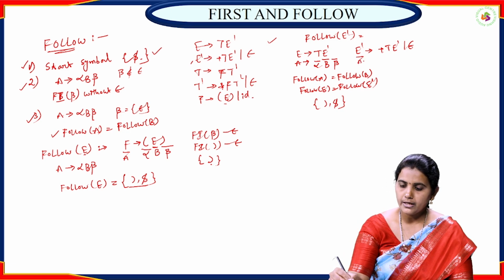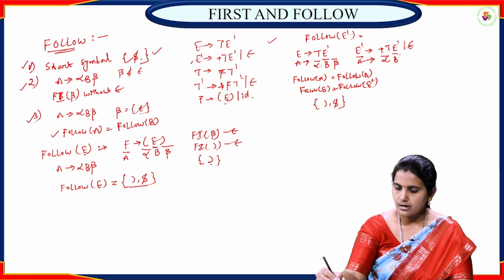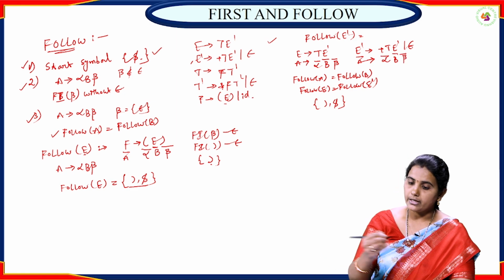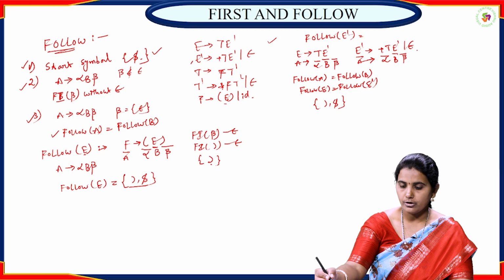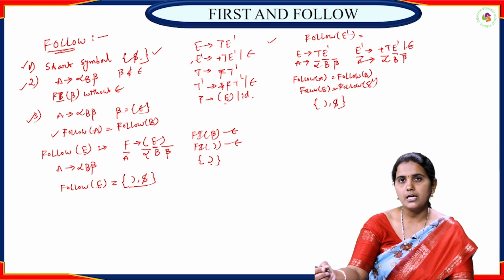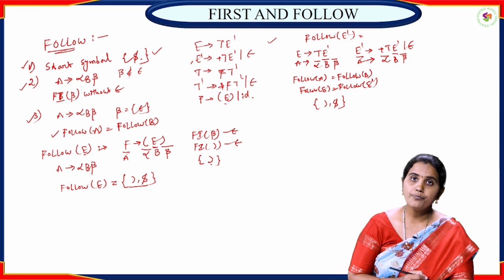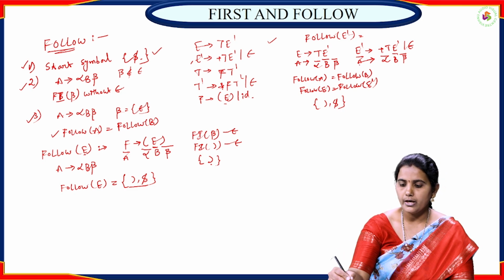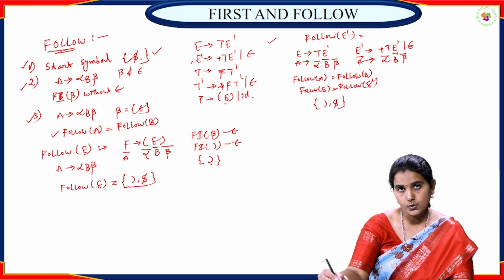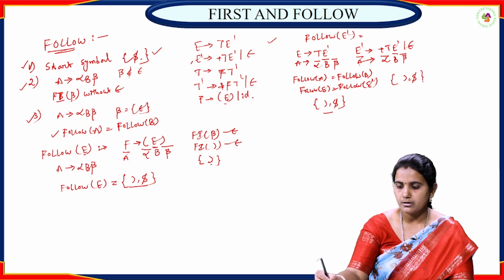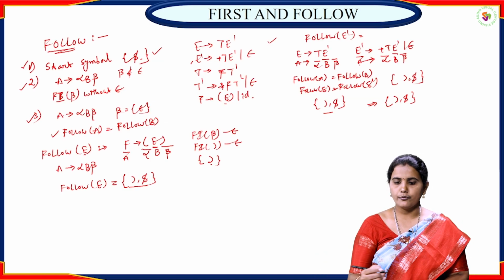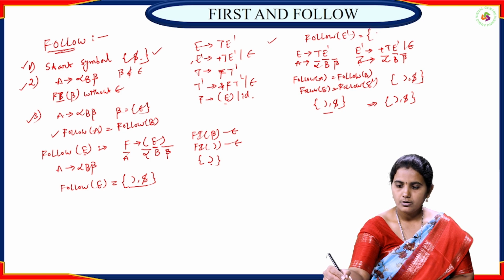This form is A implies alpha E dash, where E dash is B, the right hand side is beta. Anyway, your production consists of epsilon as well as beta is epsilon. Now follow of A equals follow of B, here follow of A is E dash, follow of B is also E dash. E dash is already done. Then your output is close brace comma dollar. Final output is the same result: follow of E dash equals close brace comma dollar.